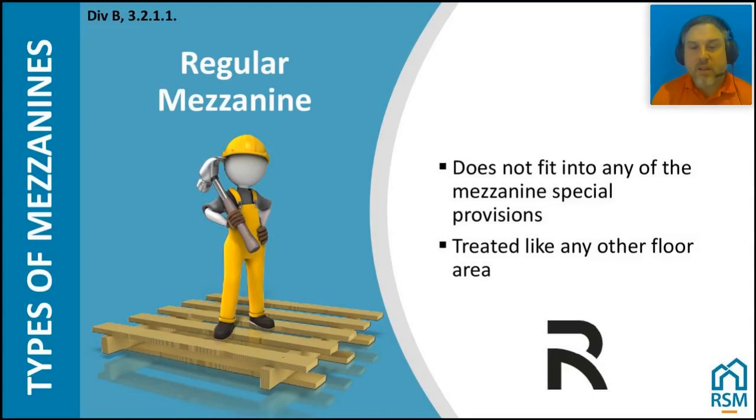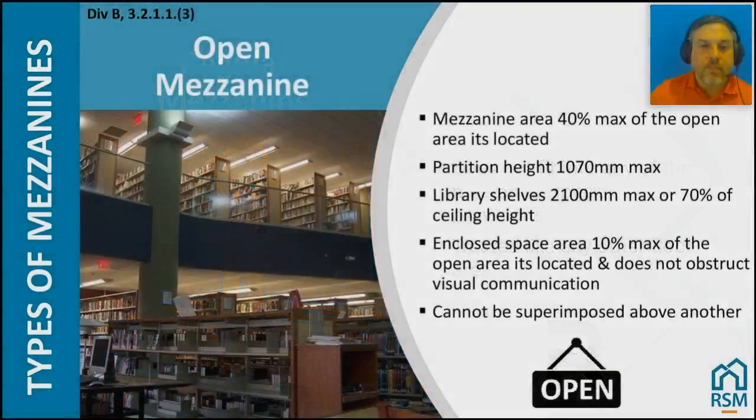It may not have any of the special exemptions, but it is a mezzanine, and it doesn't fit into any of the other criteria. Generally, you treat these like any other floor area, because it's not fitting into any of those specific get out of jail free cards or special exceptions that allow them to have some special provisions.